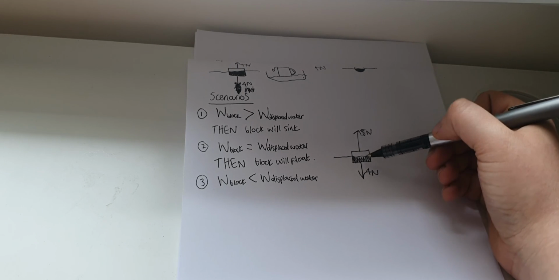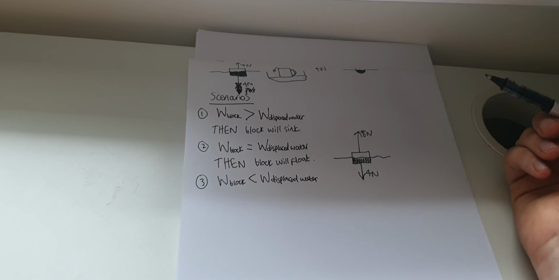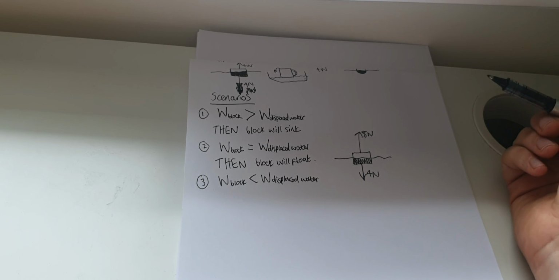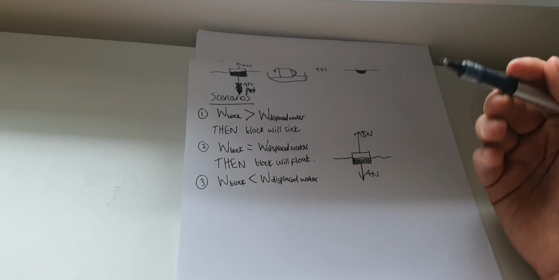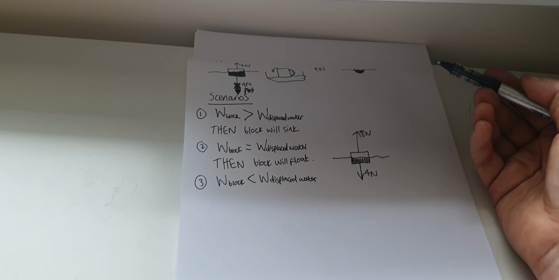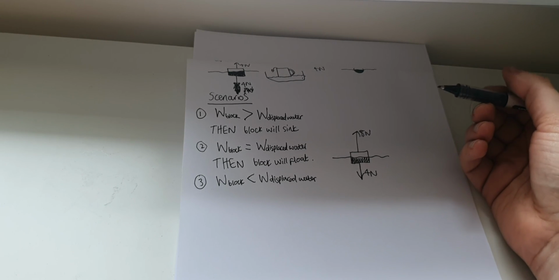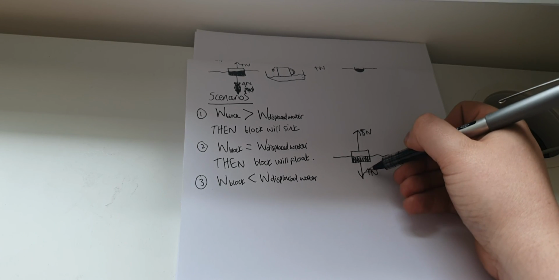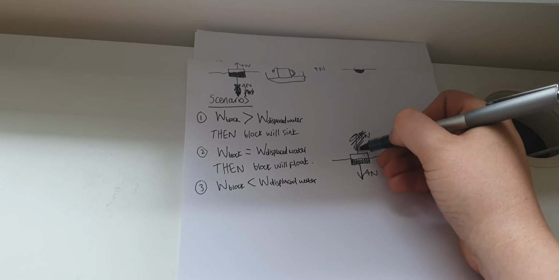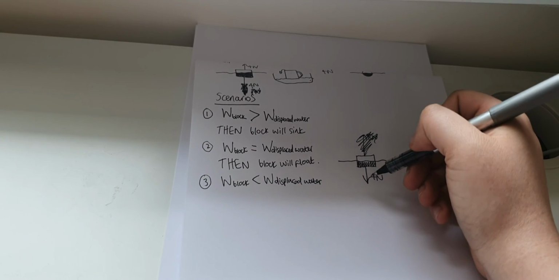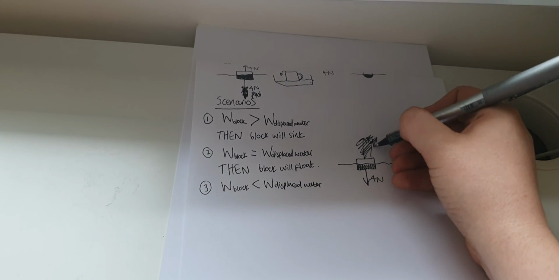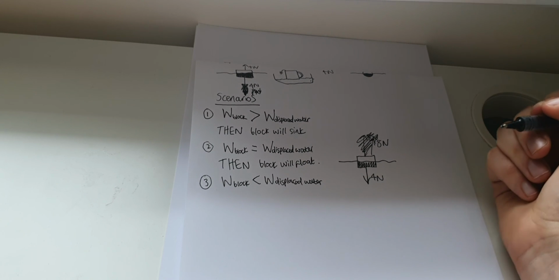And in this case, the water is going to fling the block out of the water. Have you ever seen that happen? I've never seen that happen, because it doesn't happen. It's impossible for the upthrust to be greater than the weight of the block.